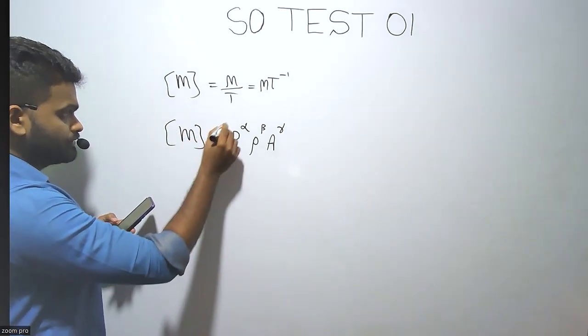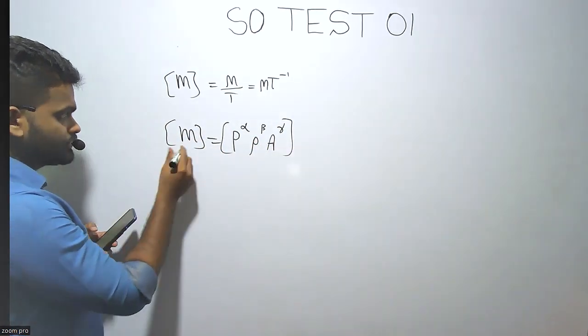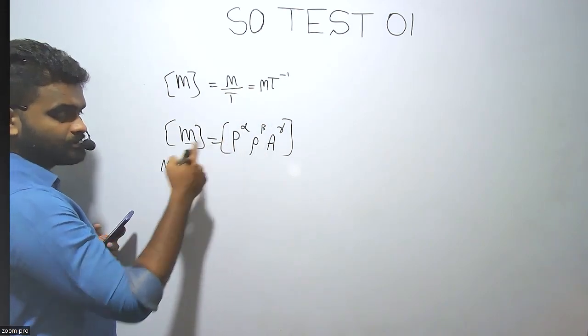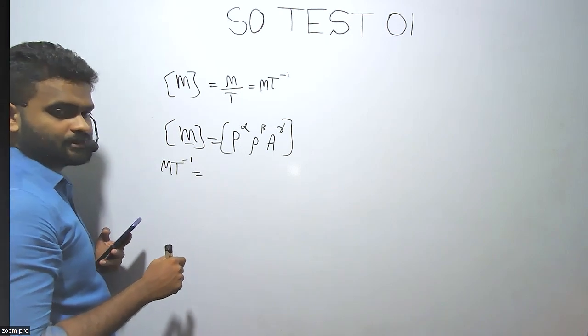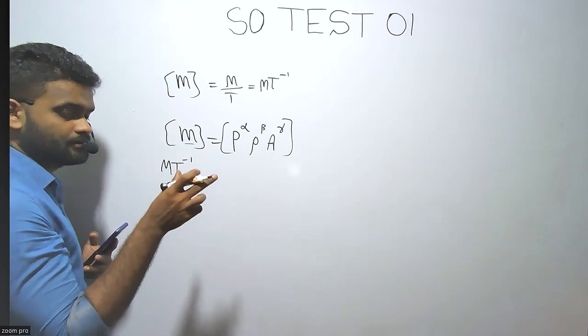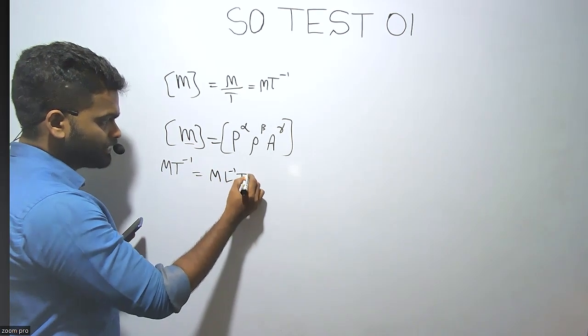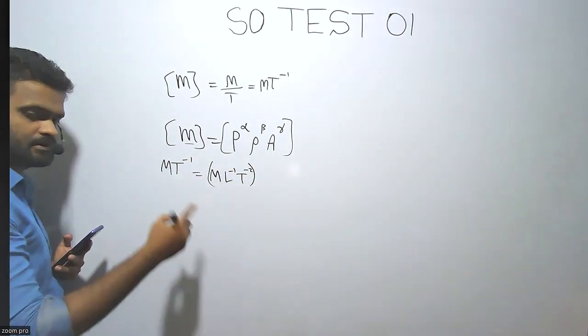What do we have? Both sides need to have the same dimensions. So dimensions of M, that is MT minus 1. Then dimensions of pressure. Many times we have found dimensions of pressure, right? Force divided by area. So it is ML minus 1 T minus 2. If you don't remember, just substitute.